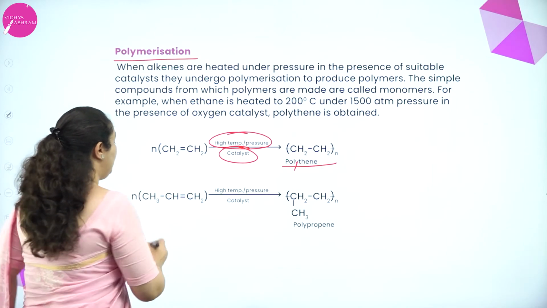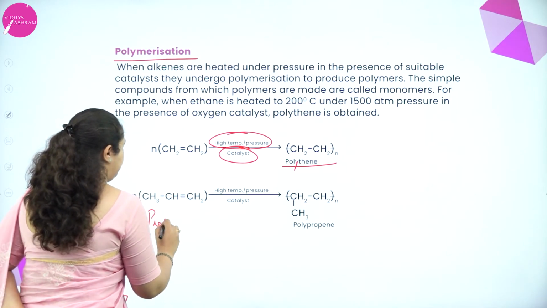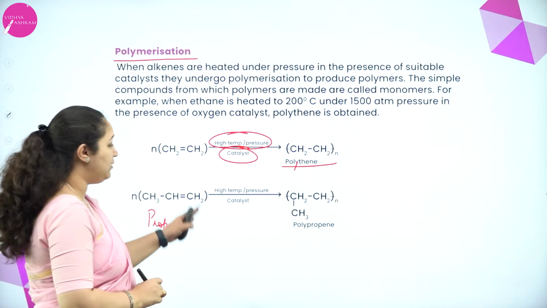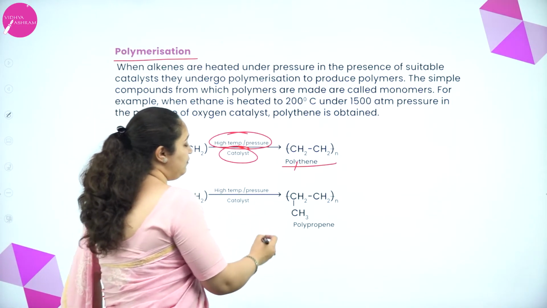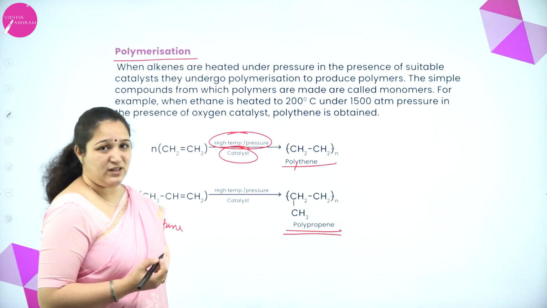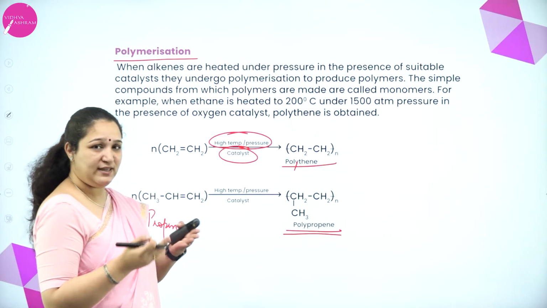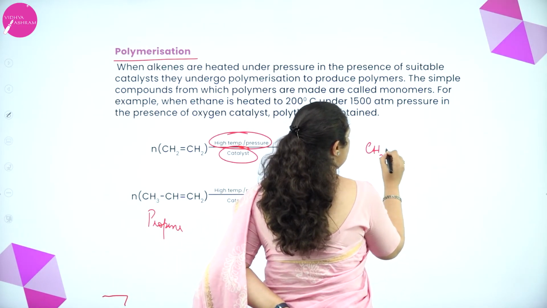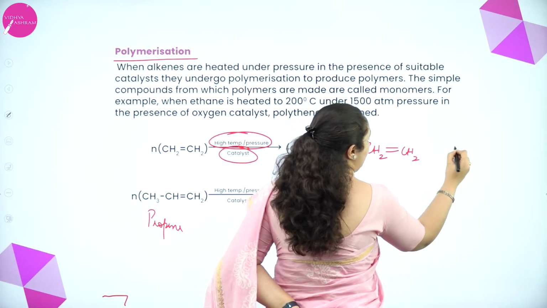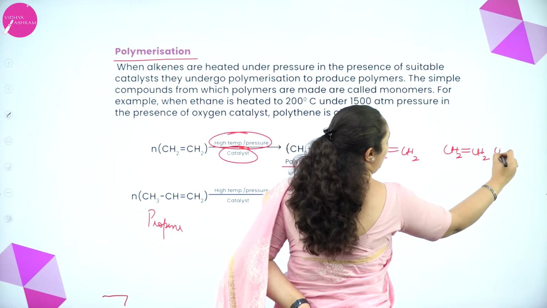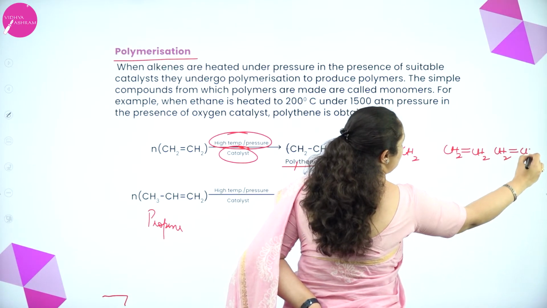Similarly, here we have taken propene. At high temperature and pressure with a particular catalyst, it will polymerize to give polypropene. Now, how do you write polymers, or how do you understand that the units are added to one another? I'll take ethene molecules, CH2 double bond CH2, one more CH2 double bond CH2, one more CH2 double bond CH2.